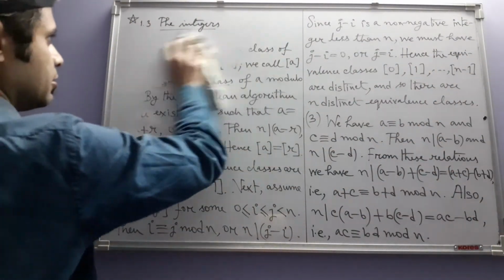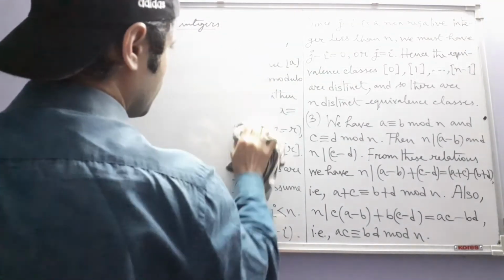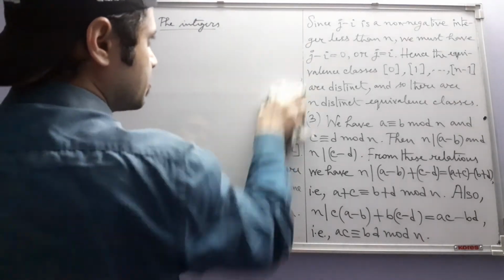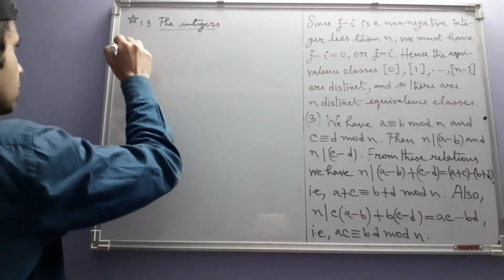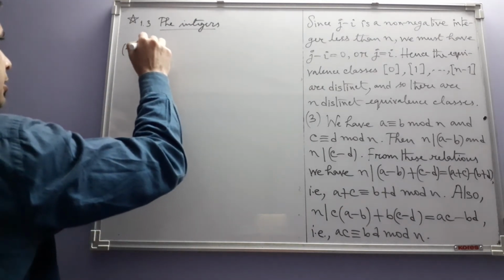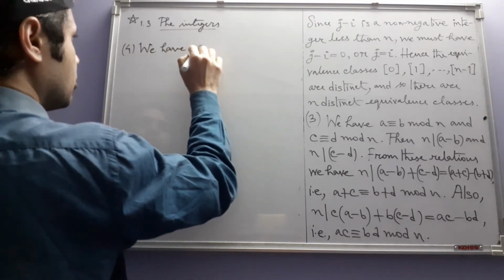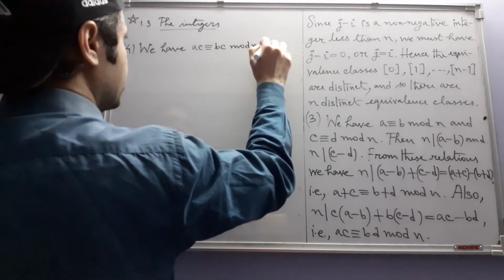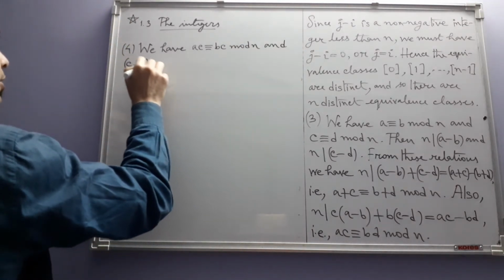Now the fourth one, the last one. The fourth one gives us these two things: AC is congruent to BC mod n, and also the condition that C and n are relatively prime.